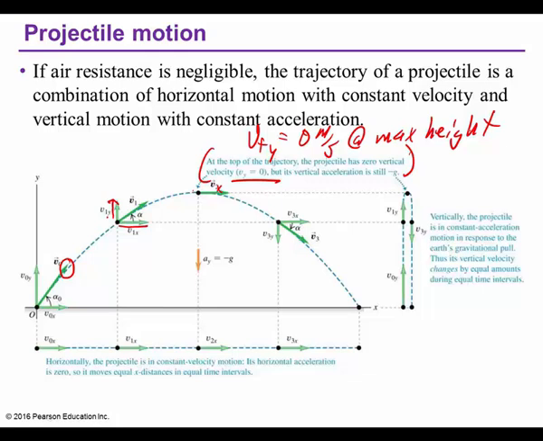X is not going to change. Once it comes out of that barrel, if you're shooting an arrow, throwing a football, baseball, whatever, hitting a golf ball, once it comes off the face of that club, out of your hand, out of the barrel, off the bow, the x is not going to change. Now remember, we're neglecting air resistance right now.